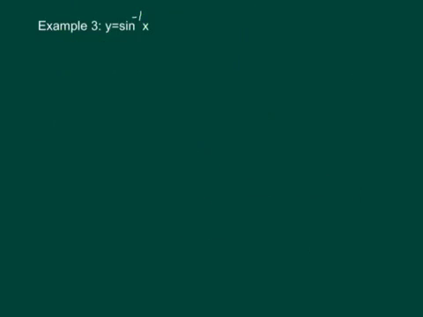Okay, so my next example, y equals inverse sine x. Please make notes that this does not equal 1 over sine x. That's not what this symbol means. This symbol means something else.